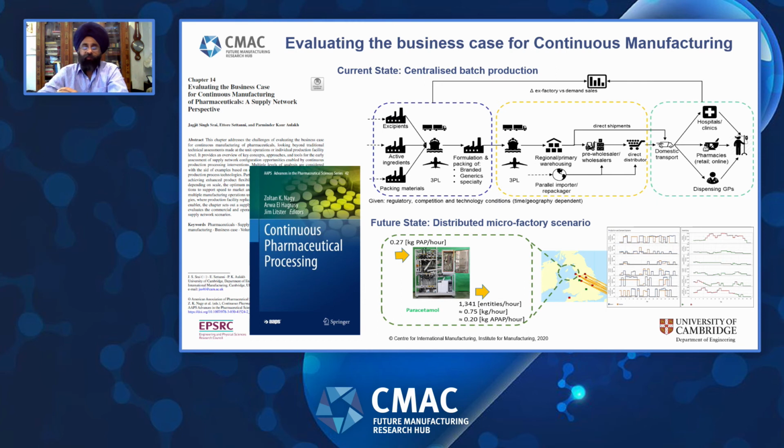So this has been published in the book chapter in the book shown here. And here we've started to look at what's the scale of the technology for continuous processing, what are the throughput rates we can expect of a microfactory, and what are the different distribution options and co-location options, and their implications on inventory and service.